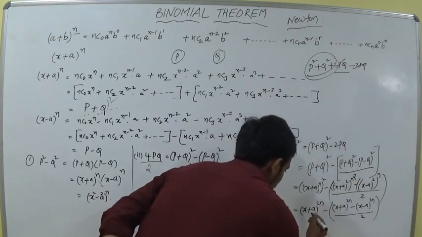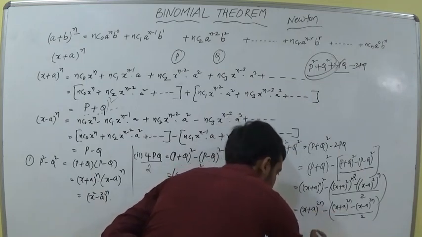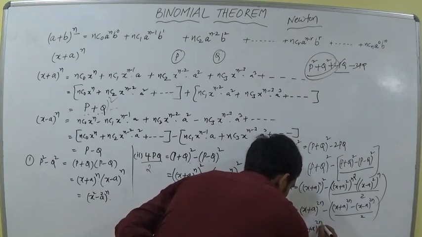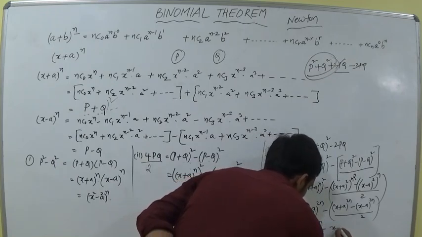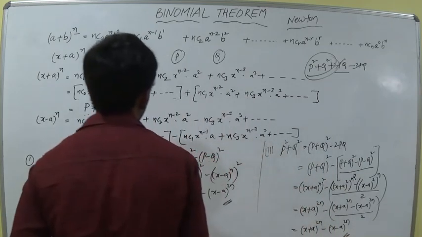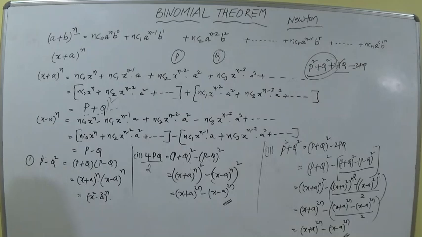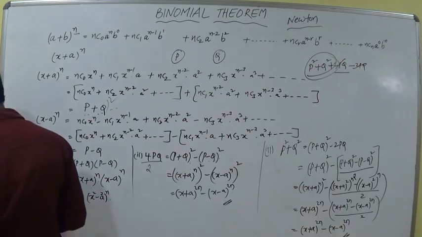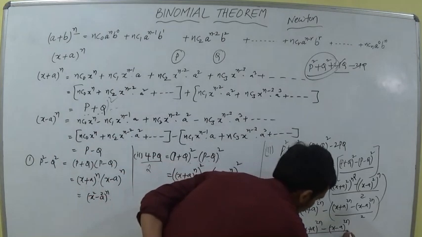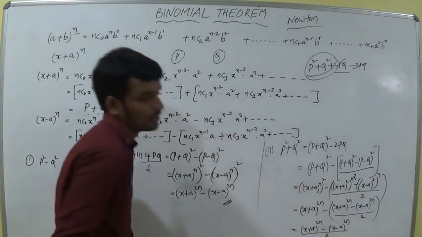If you apply the cross multiplication and subtract, this is the answer: (x plus a) whole power 2n minus (x minus a) whole power 2n, whole divided by 2. Why? Because the denominator has 2.